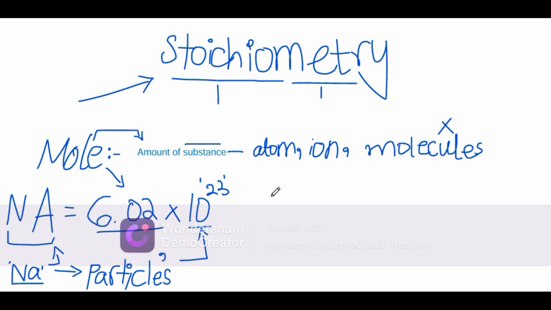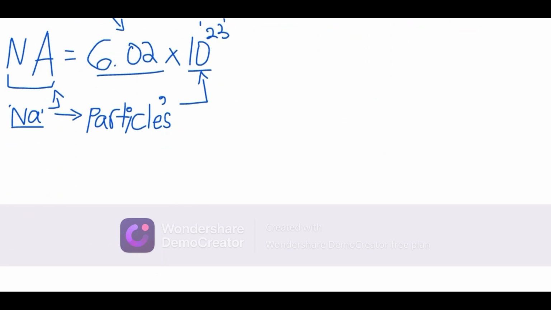Now, what is a molar mass or anything else that is represented on behalf of atomic number? Atomic number is also known as molar mass.